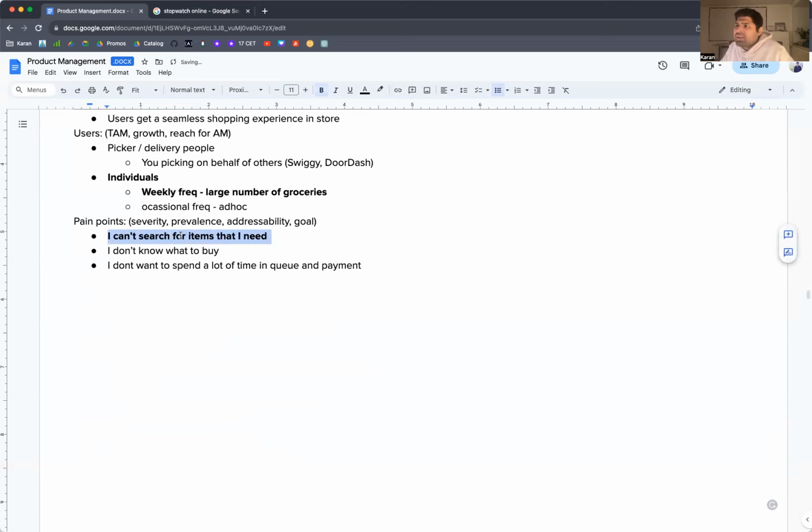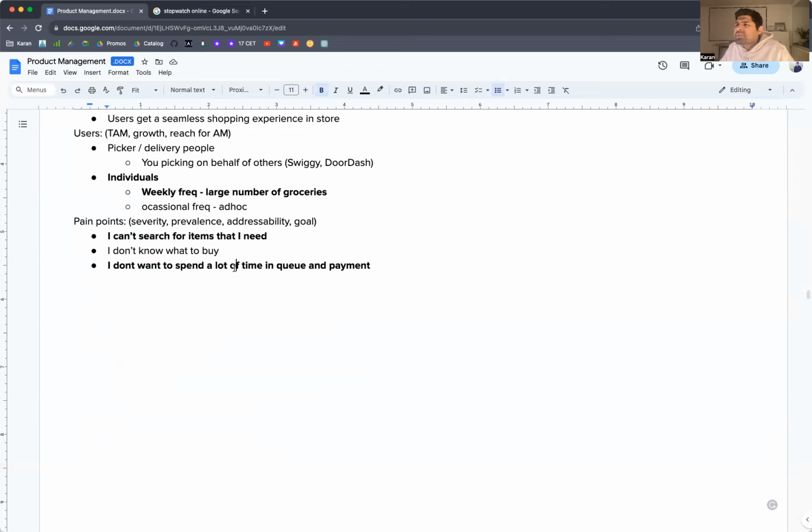I definitely feel that this is a very big pain point because I usually have difficulties in finding items. And then I also waste a lot of time in queue and doing the payments and things like that. So I would probably prioritize these 2.